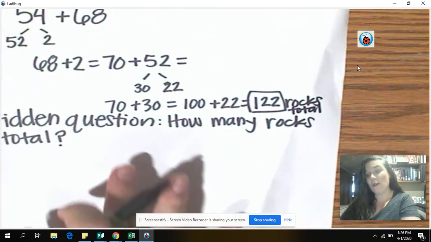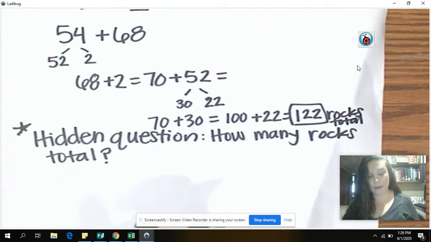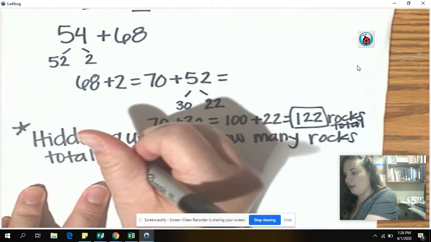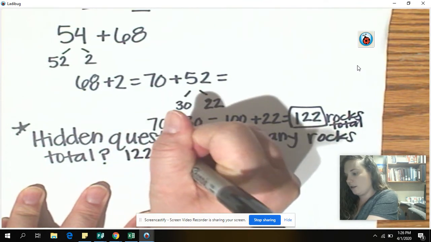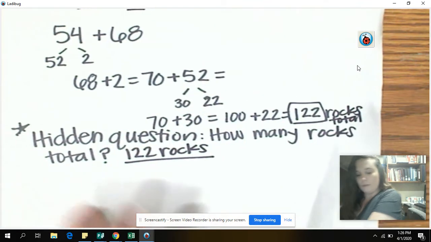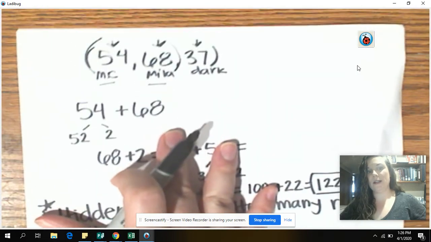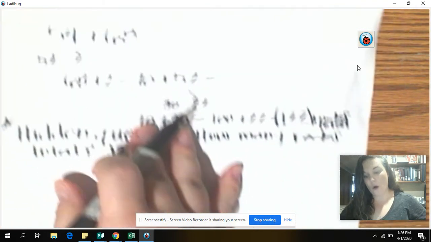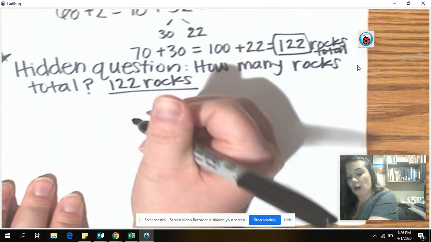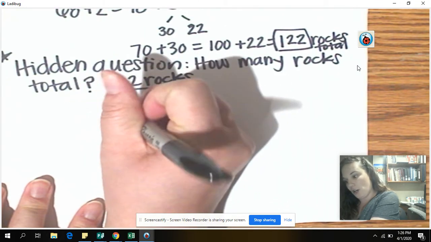So now we need to go back to the word problem and figure out what the question is actually asking. We answered the hidden question. There's 122 rocks. The question of the problem says, if only blank were dark, how many were not dark? So that's where this number comes into play. So if only 37 of them were dark, how many of them were not dark?